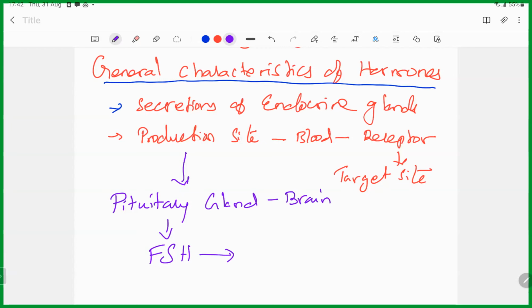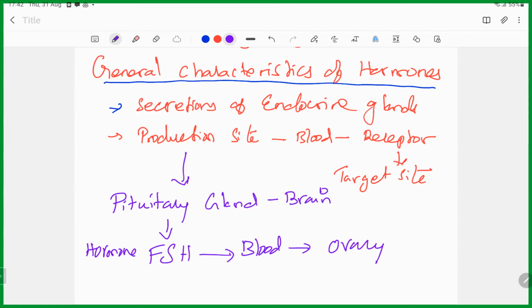Brain. Okay, that's the production site. Then the hormone FSH is produced, and it is transported through blood. Where does it reach? For example, the ovary.